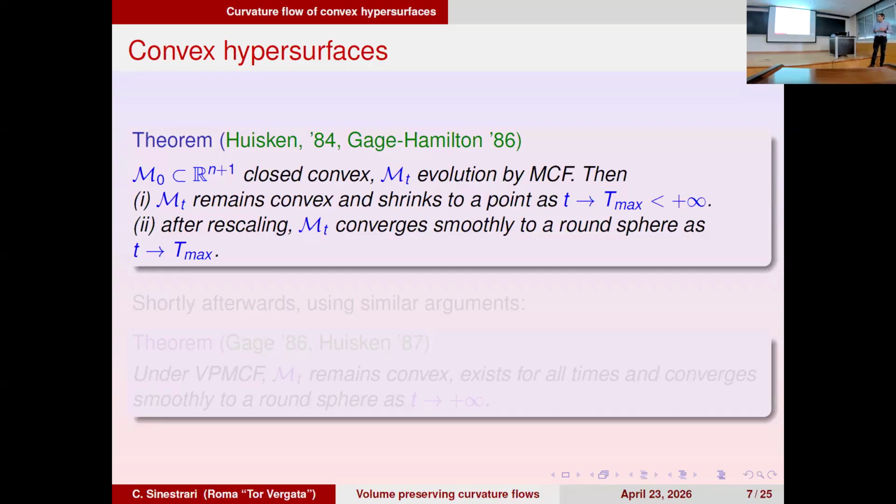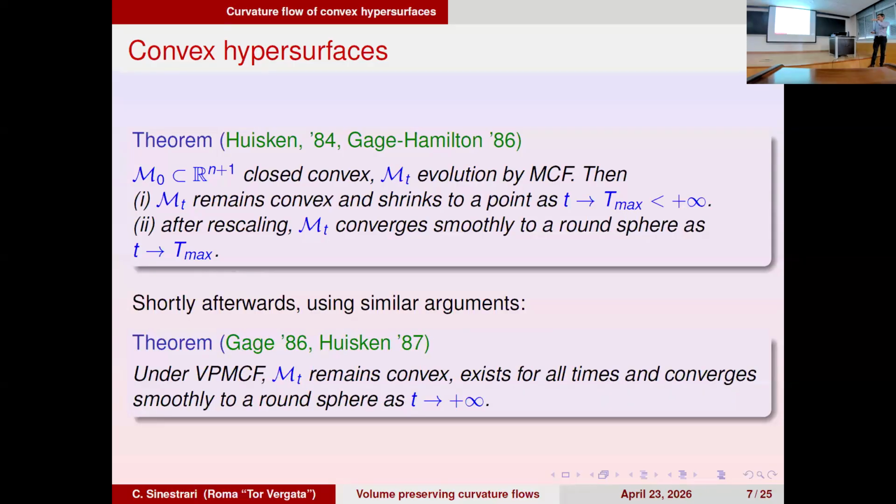A little time later, a similar result was proved for the volume preserving mean curvature flow. In that case, since the convergence to a round profile happens in infinite time, there is no singularity, it exists for all times, and there is convergence as time goes to infinity.